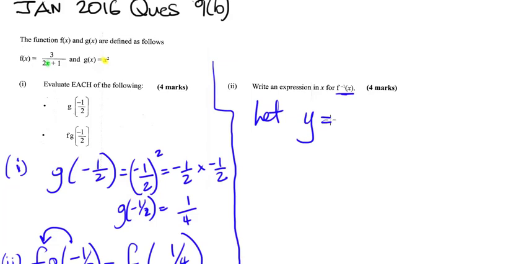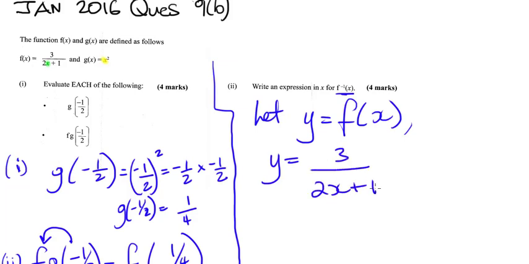First, we let y be equal to f of x. So that means y is equal to 3 over 2x plus 1. And now we are going to solve for x.